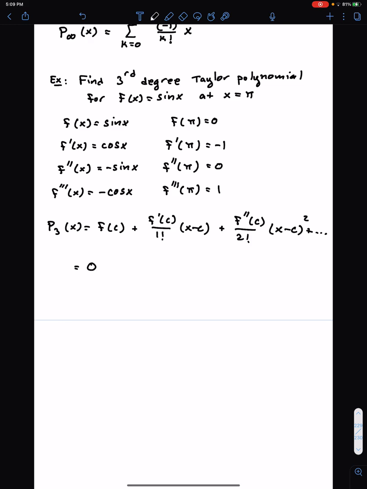F of c is 0, minus 1 over 1 factorial x minus pi.